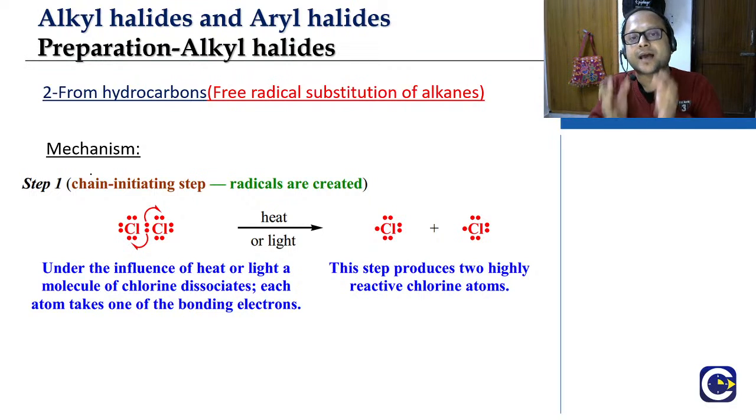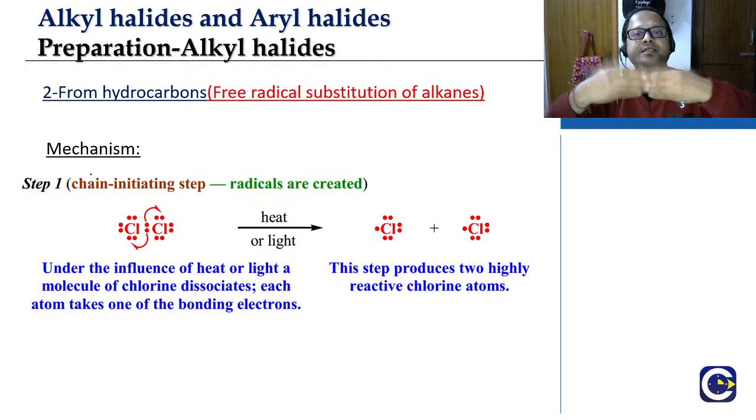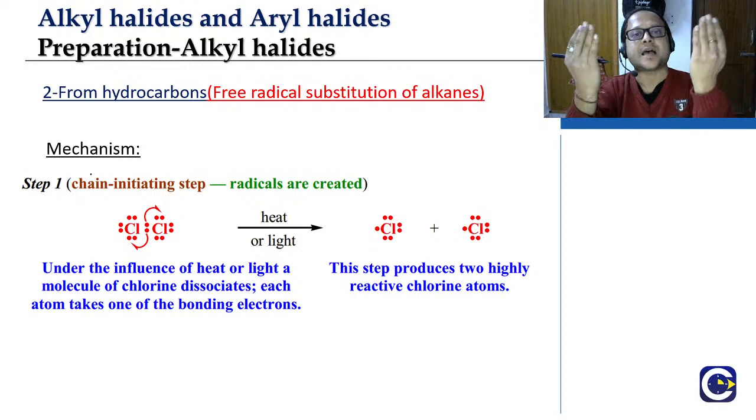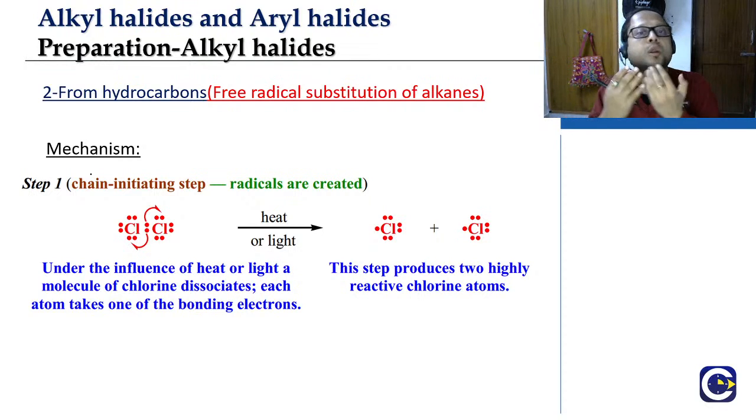What is happening is your halogen atom is absorbing energy in the form of heat or ultraviolet light. So the bond is going to snap open, right? So homolytic cleavage will take place, and see, that's why we have drawn half arrows over here.